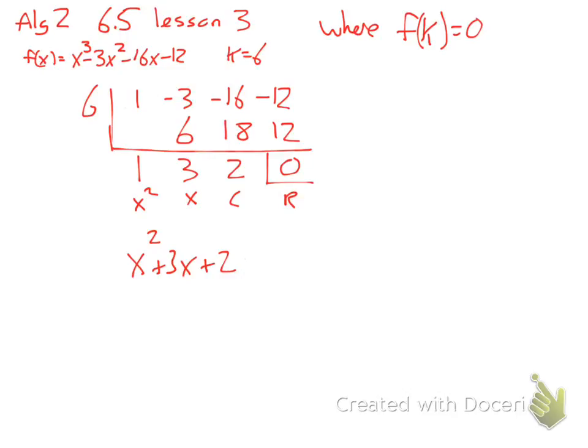But here's the thing. We took something out. What did we take out? We took out a 6. That 6 is still here. So what we need to say is, hey, I actually took out a 6. Now, why is it x minus 6? It's because I said earlier that x equals 6 was a solution, or a 0, to this.